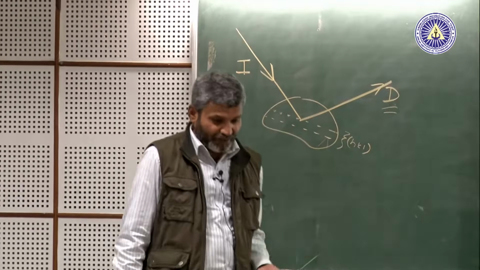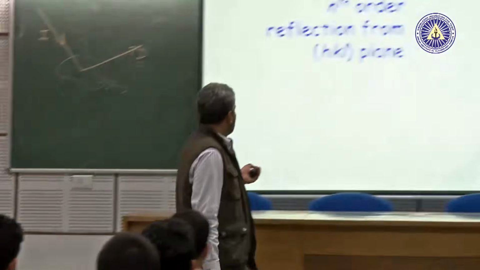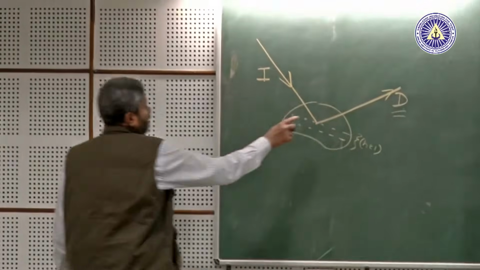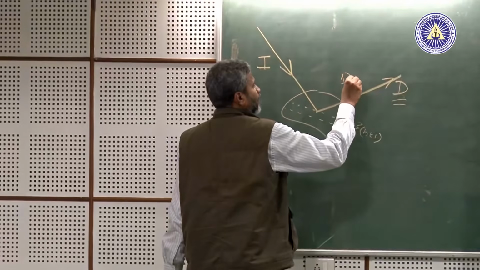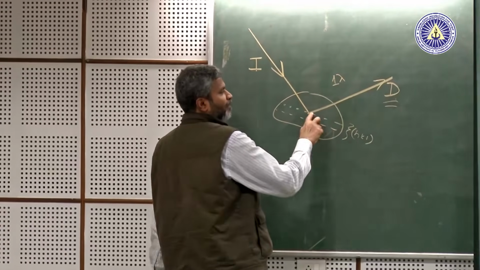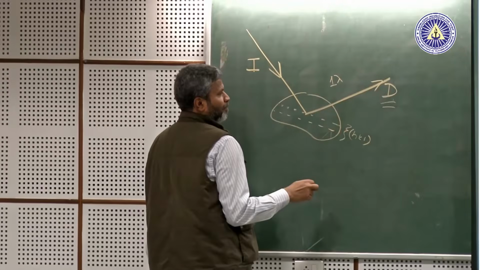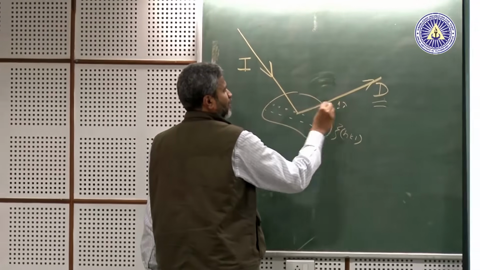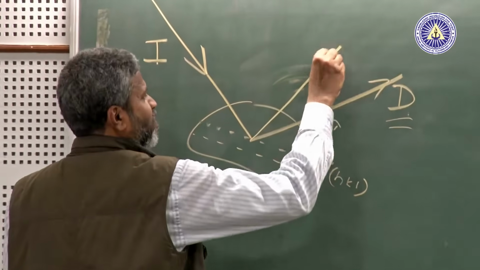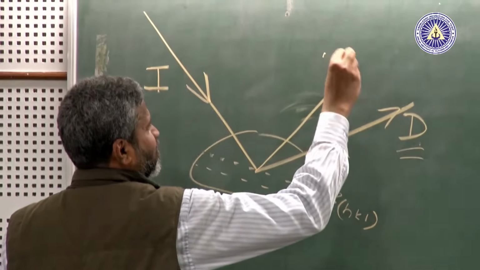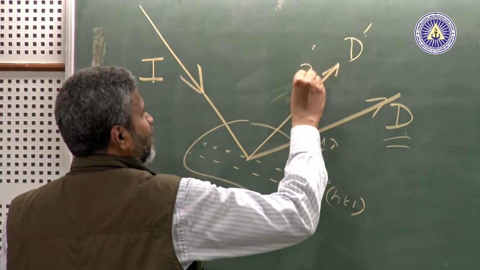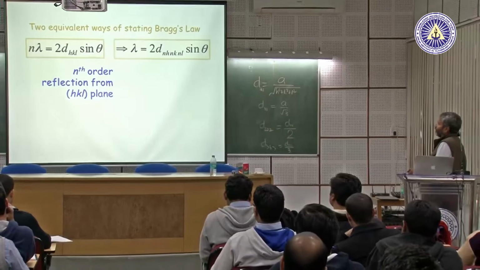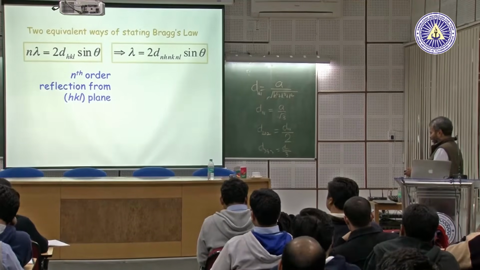However, there is this arbitrariness that the path difference between these two could have been 1 lambda, then I will call it a first order diffracted beam. If the path difference is 2 lambda, you have second order, so you have nth order reflection from the HKL plane.